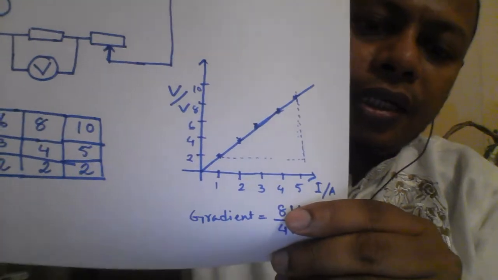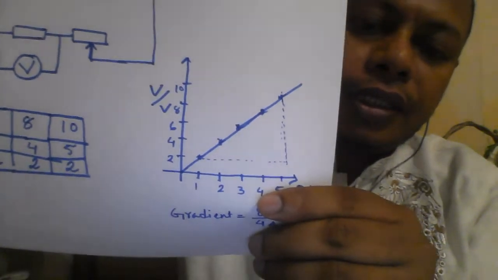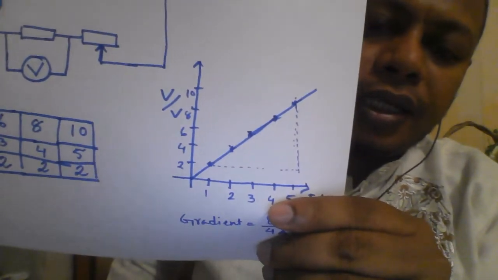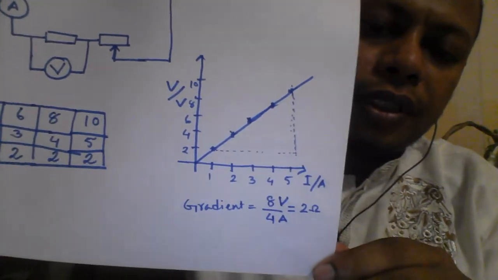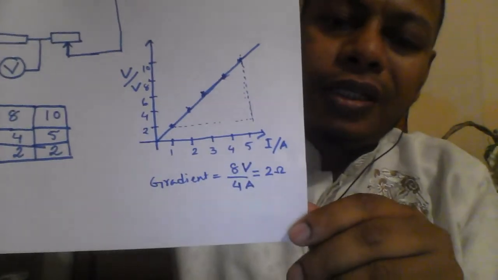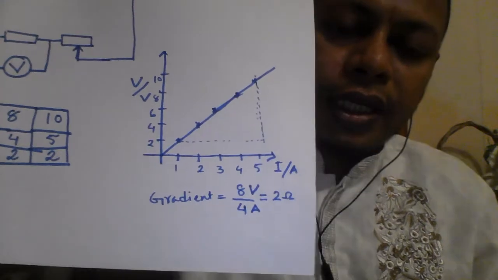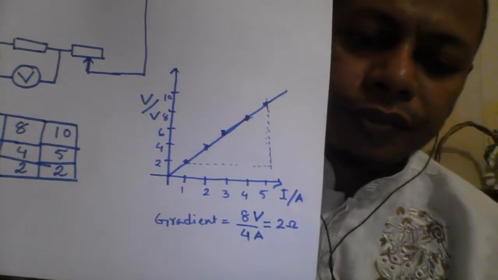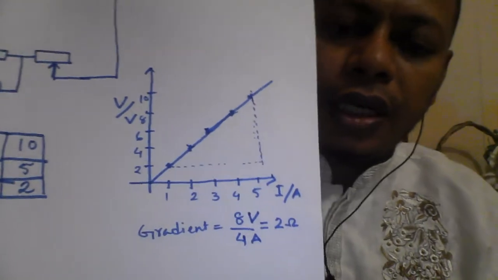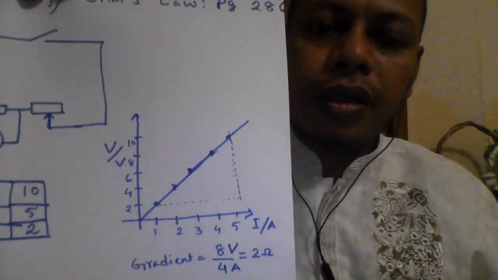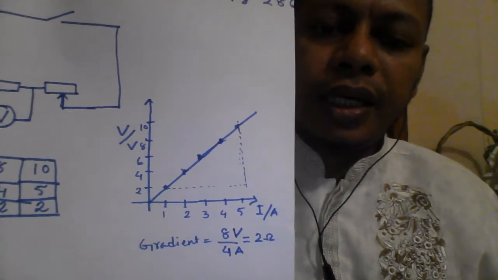This straight line is showing us that voltage and current are directly proportional to each other. If we calculate the gradient, then we are getting voltage by current.